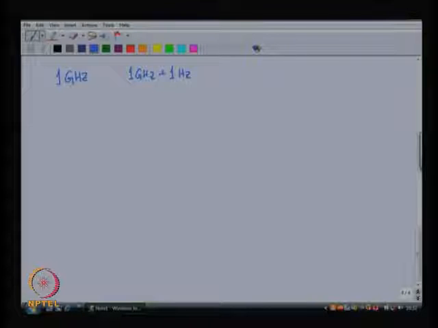So, instead of generating 1 gigahertz, I am generating 1 gigahertz plus 1 hertz. So, I am off in frequency from the base station. Then what is going to happen? A few clock cycles later, a second later, I will miss my slot.